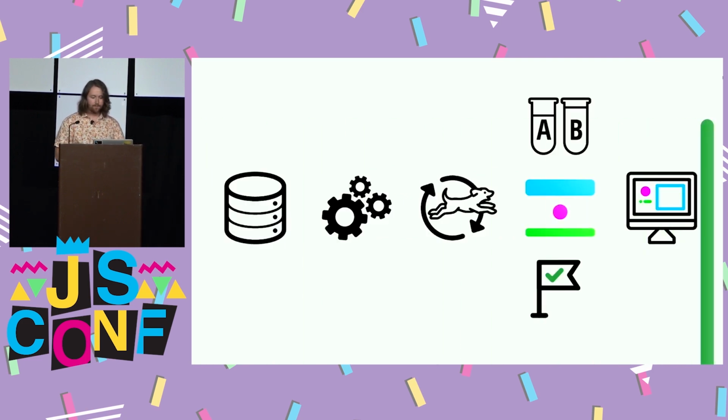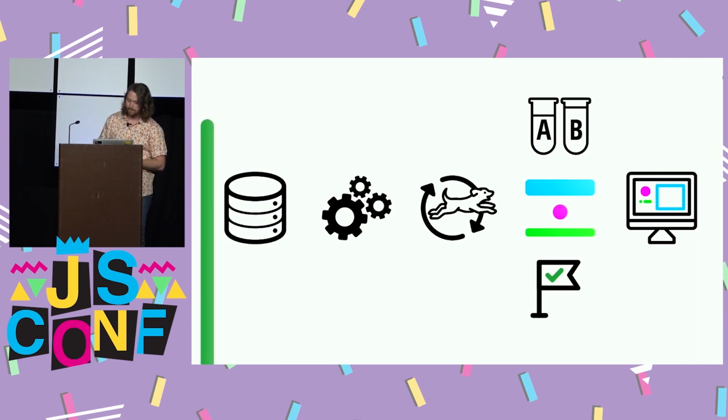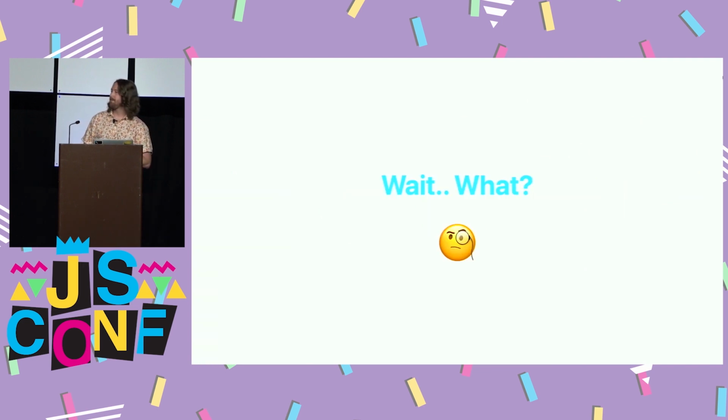Okay, so let's move on to the next. This one's interesting. What is an application whose database lives in the client? Well, it's an offline first application, or a local first application.